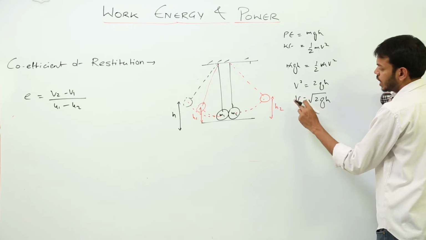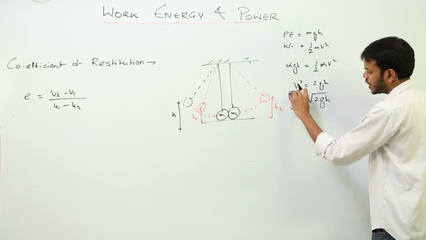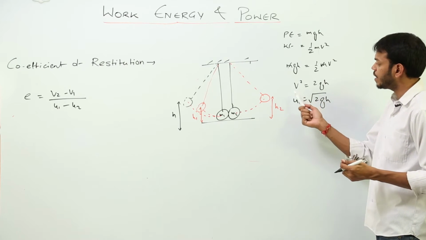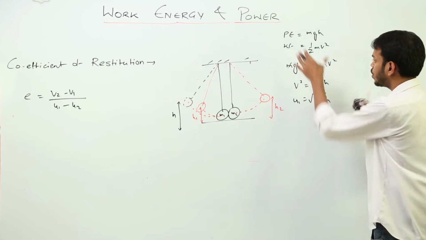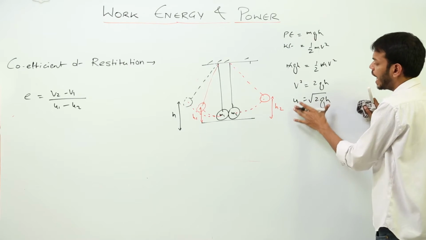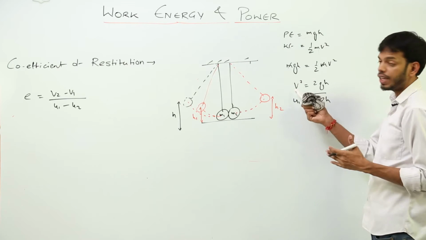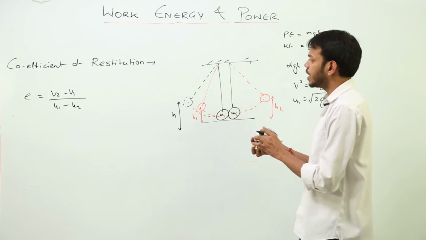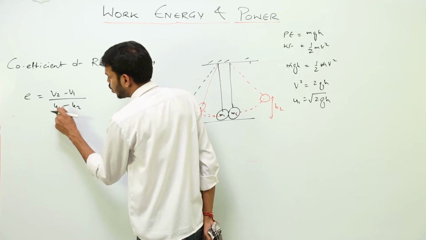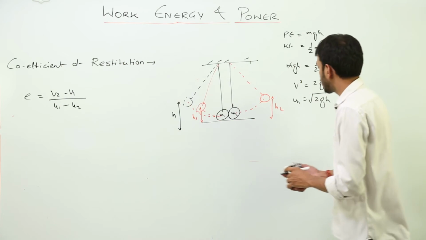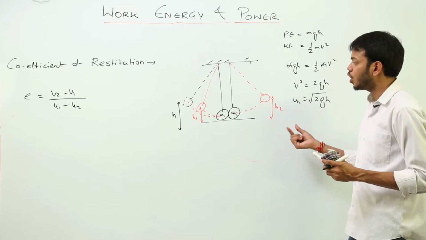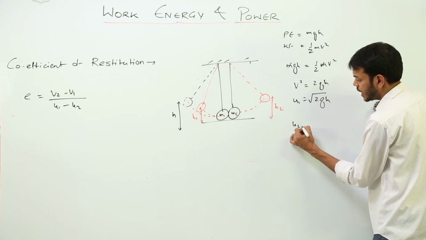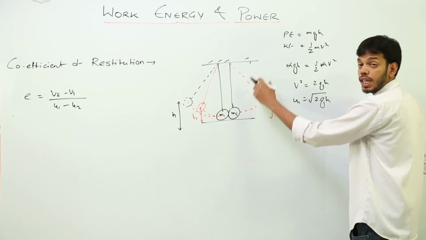So we have got the initial velocity, which is u1. Now don't get confused later on, because I just changed the value of v to u1. I was just deriving the formula, and here I have just put in the value of what v stands for, because u1 is the initial velocity. What are the four quantities involved right now? u1, u2, v1 and v2. So u1 is the initial velocity of body 1 with which it strikes body 2, and u2 is the initial velocity of body 2 which is right now at rest.